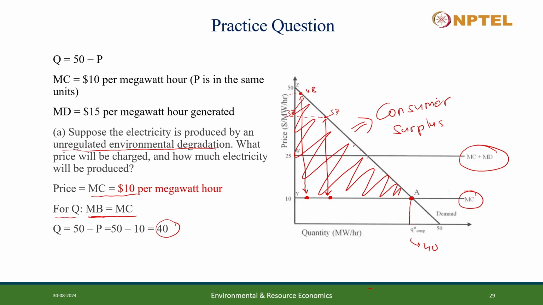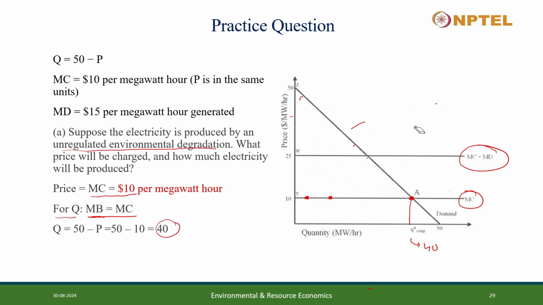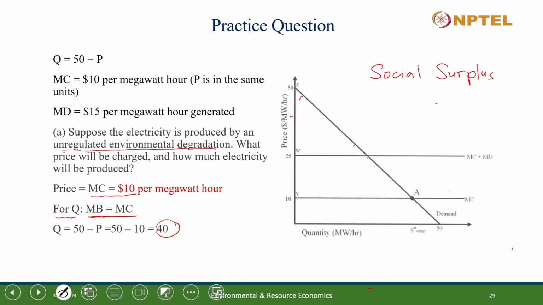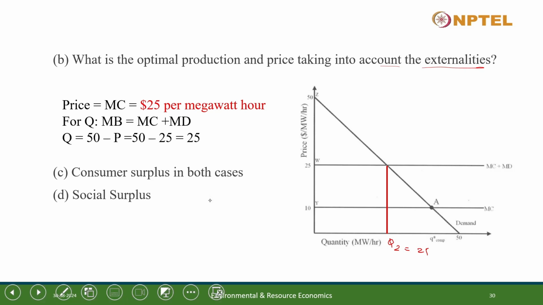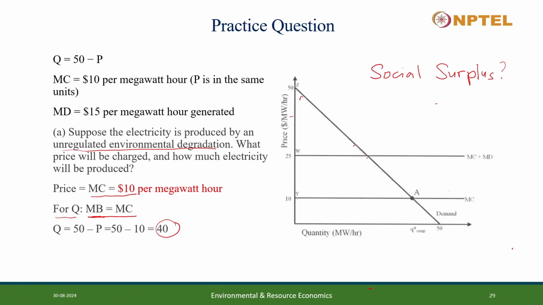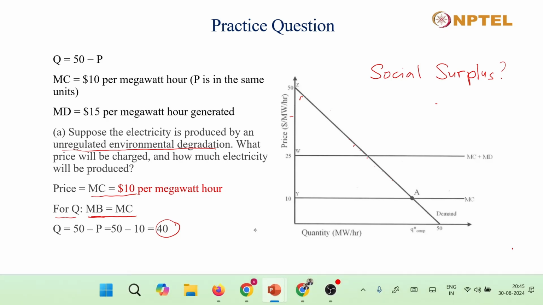Okay, now this is my consumer surplus. Now if I have to find the social surplus, what will be my social surplus? Paul, maybe you can try this, or anyone else?